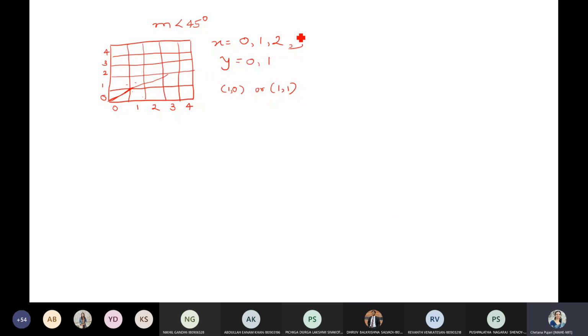So same thing, for better understanding, let's assume that there is a gap between your pixels. So this is our 1 pixel. We are dealing with these 4 pixels over here.